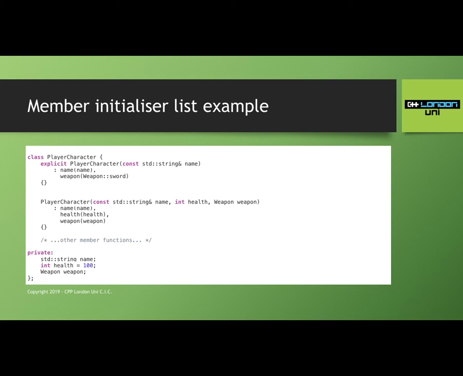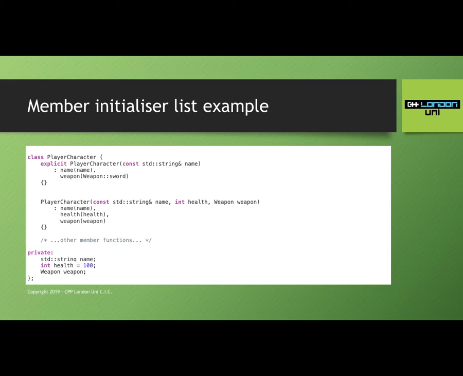So we've given our player character class, in this case, two different constructors. The first constructor we're imagining is perhaps when you start a new game. The player's probably already inputted their name as part of the startup. So we're going to create a new player character object and pass the name that we want to use.